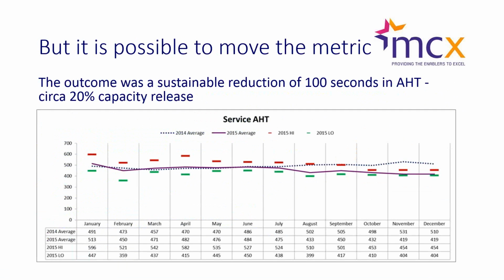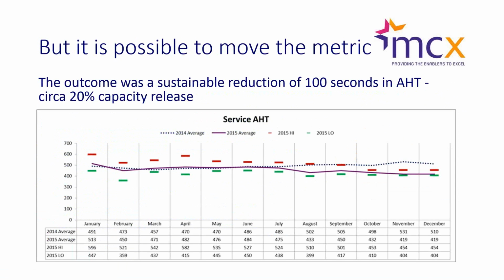So you can start to see, as we moved through the transformation, a much lower AHT in the second year, when we were making our improvements. And the red and green dashes show you the range, and you can see for the second year, once we'd made these improvements, a narrowing of the range.